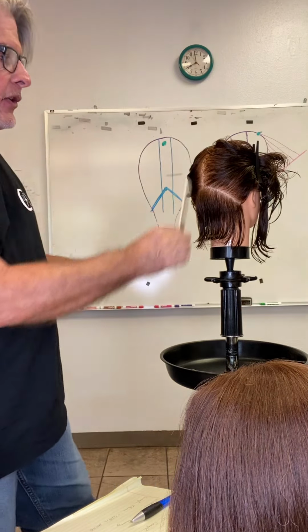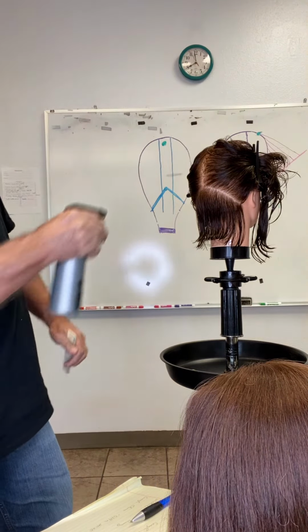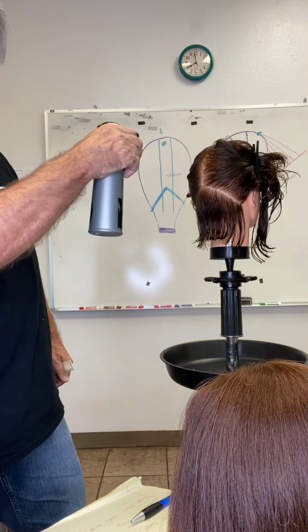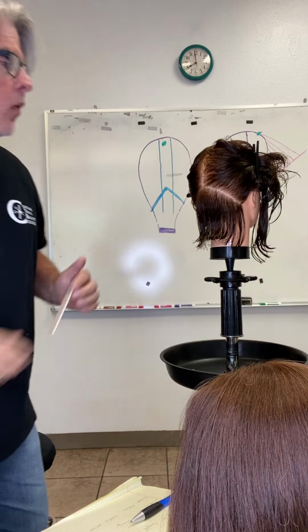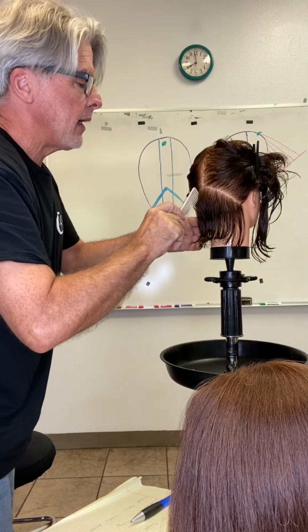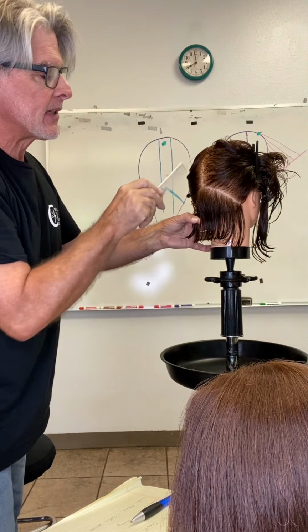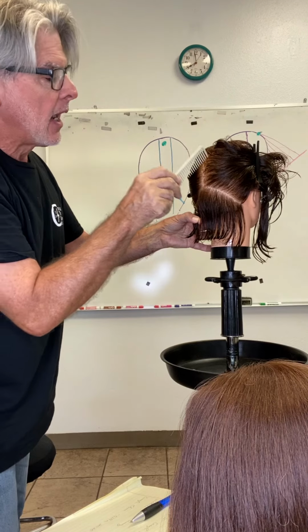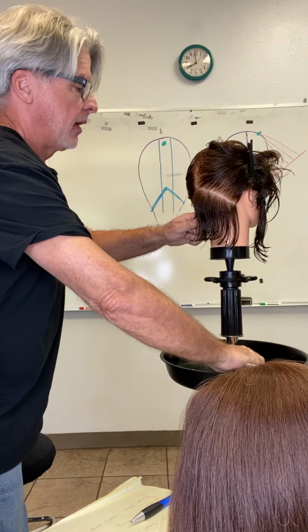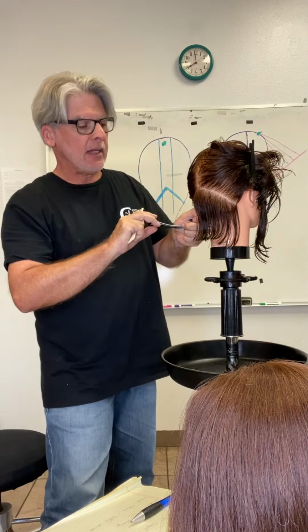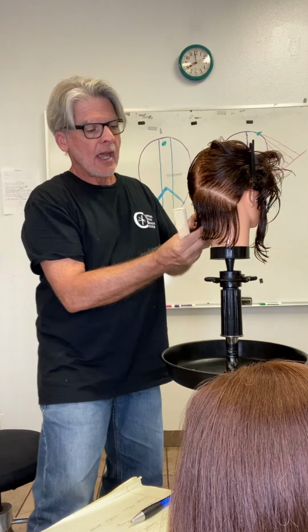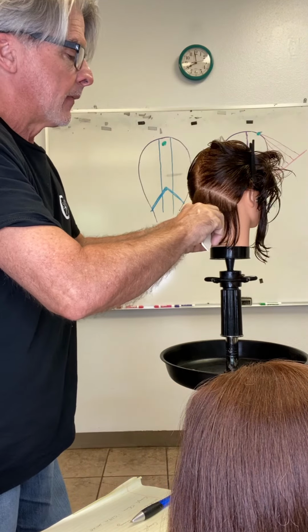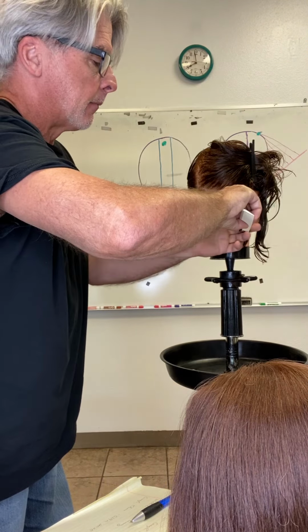So I'm going to start out with a vertical parting that's going to encompass hair on this side of center and this side of center. If it helps, I will just pin these two pieces out of the way. That way you can see a little better.